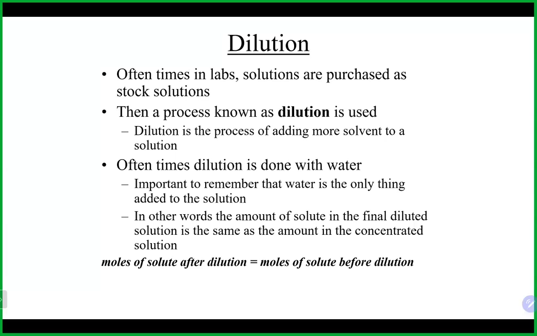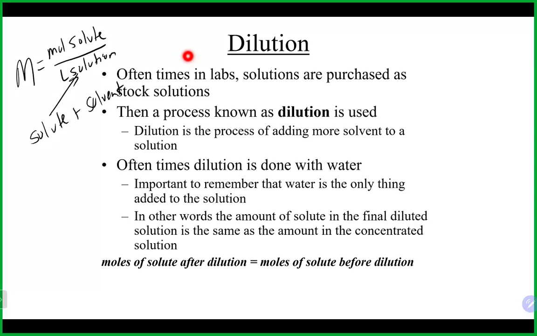Because in a dilution, the only thing that we're adding is more solvent, or water, for example, the moles of the solute before and after the dilution remain the same. So why does the molarity change when you do that? If you look at the molarity formula, it is the moles of solute over the liters of solution. And remember that a solution is the solute plus the solvent, which means when you do a dilution, you're adding more solvent, which means in terms of molarity, the bottom part gets larger.